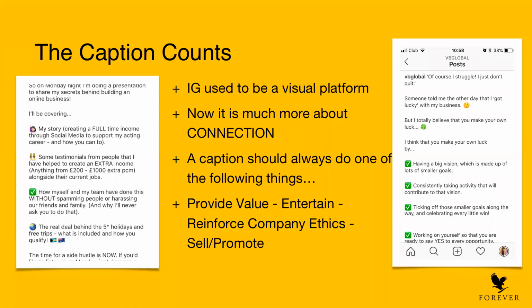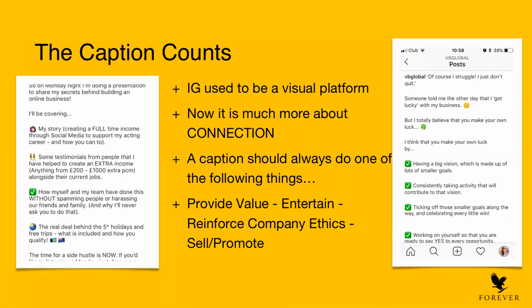But now we're finding it's very much more about connection, and people are building audiences on Instagram based on sharing testimonials, personal experiences, and really reaching out through the caption. So make sure that you're not neglecting that.